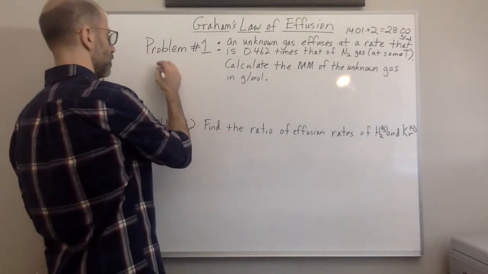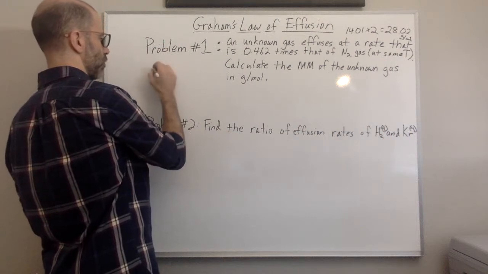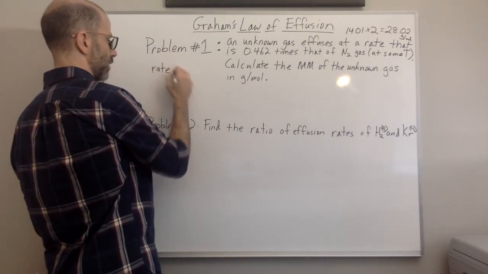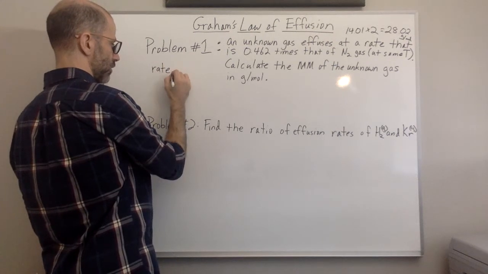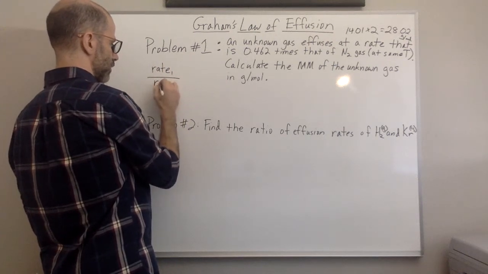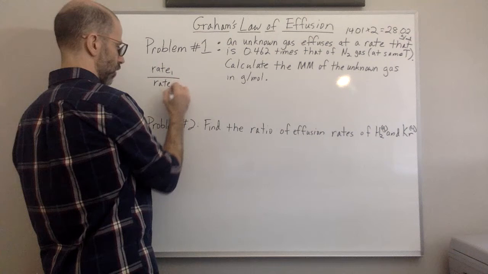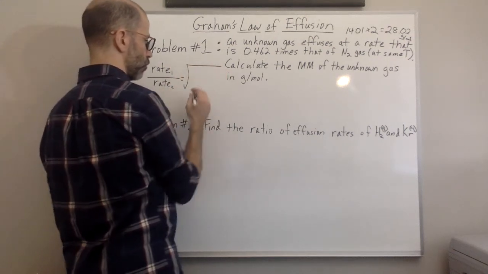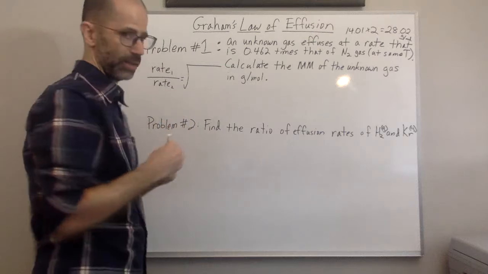Now, you're going to have the rate of one gas over the rate of another gas, and that's equal to the square root of the ratio of the molar masses.